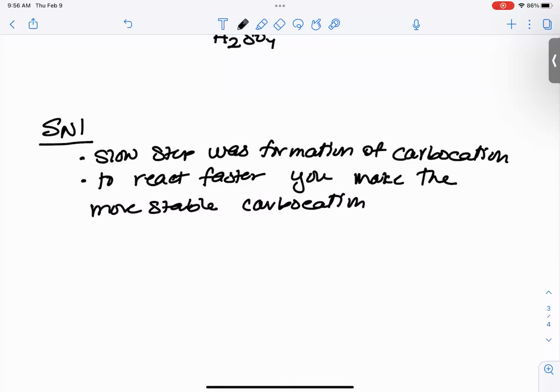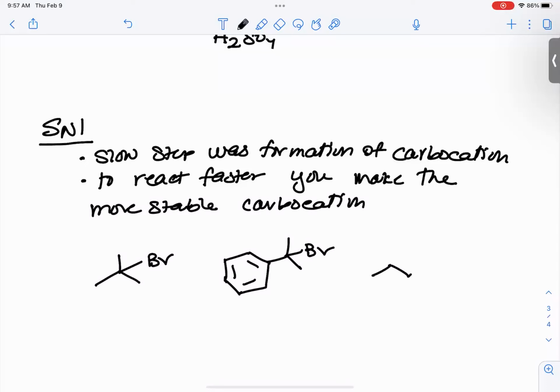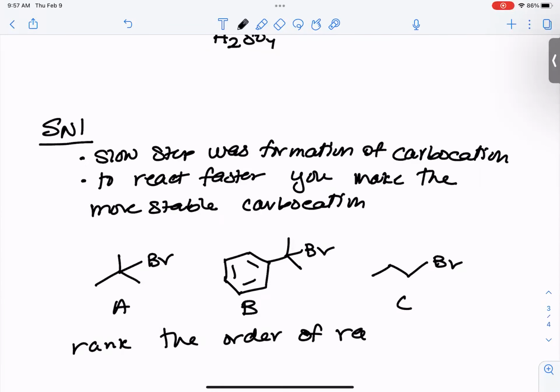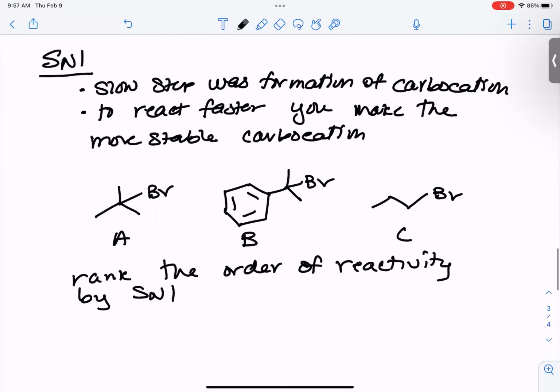So if I give you a series of substrates, and I say rank the order of reactivity by SN1, from slowest to fastest.